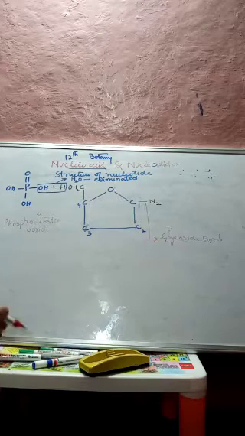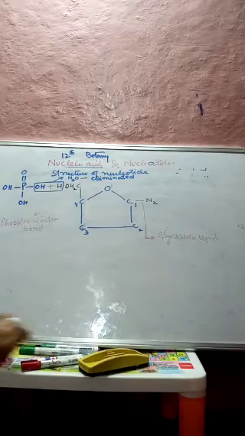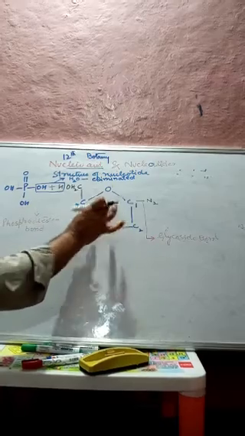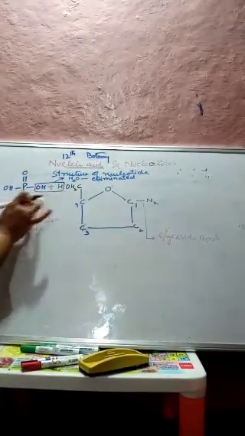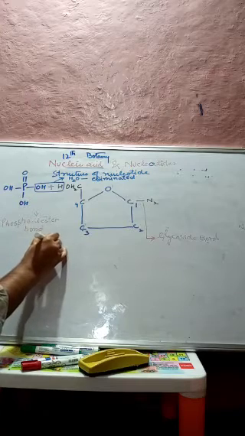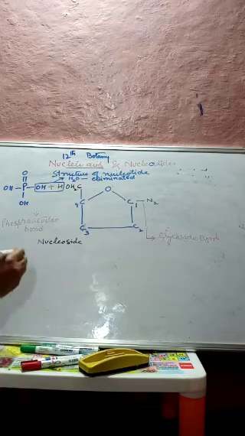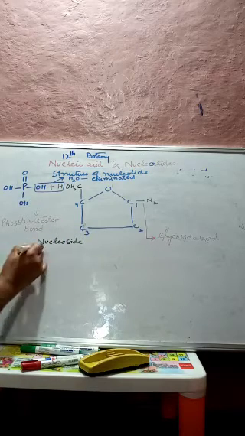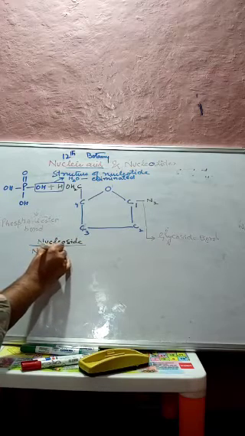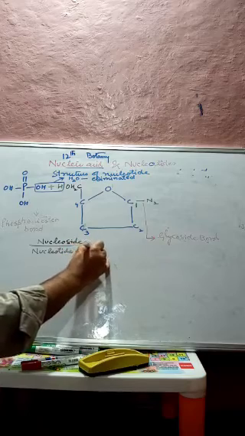Now what happens in the nucleoside? The nucleotide is this pentose sugar, this nitrogen base, and this phosphoric acid. Now, what is the structure of a nucleoside? A nucleoside is simply the nucleotide minus phosphoric acid.